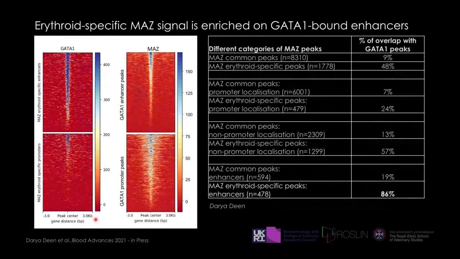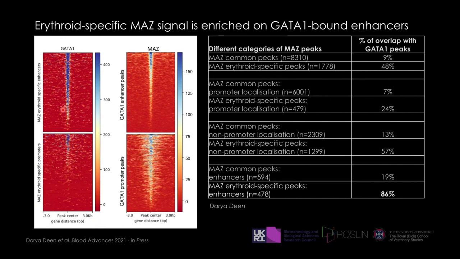So the last thing that Dasha has been looking at is any correlation between MAZ and a key master regulator in erythroid cells. I mentioned GATA1 earlier on. What she found is that if you look at MAZ at promoters occupied by GATA1, there's a correlation at the promoter, but this correlation is even stronger at the enhancers over here.